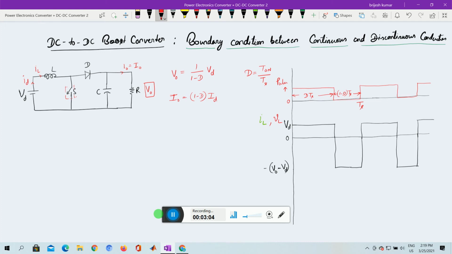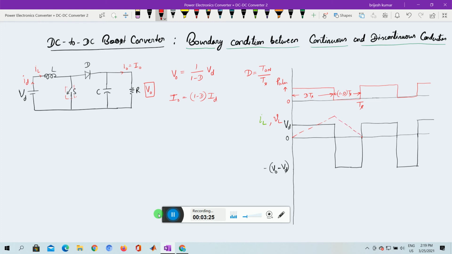Now the current, in the boundary condition, is rising, and let us draw it a little higher for clarity. It starts from 0 and ends at 0 just at the end of the time interval.